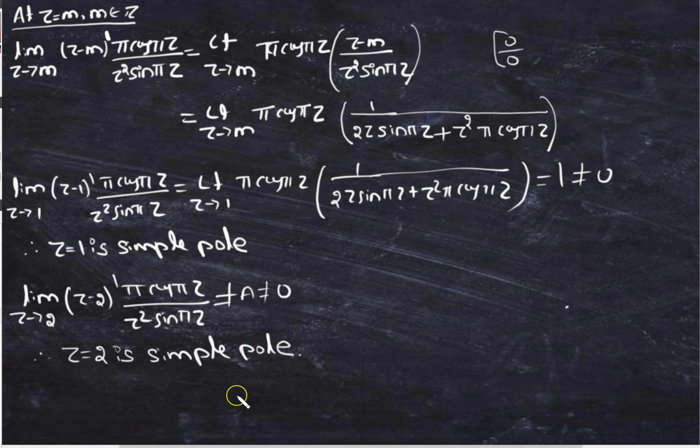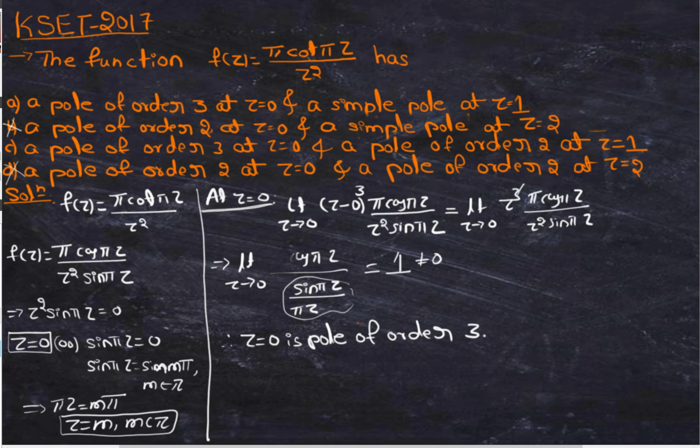Okay, now for z equal to 2 and z equal to 1 it is a simple pole, and for z equal to 0 this is a triple pole. Now you see the options. In the options, a pole of order 3 at z equal to 0, and a simple pole at z equal to 1. This is the right answer, no doubt.